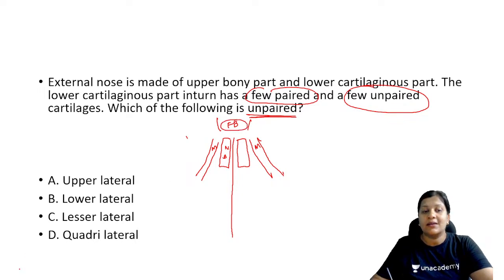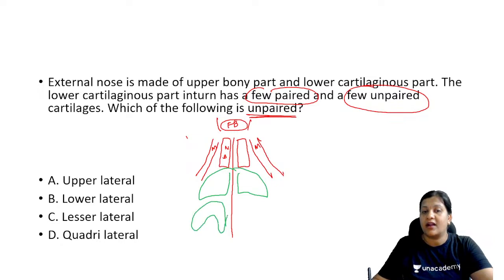Now we have some cartilages also. So what are the cartilages? We have the upper lateral cartilage, the lower lateral cartilage, and the sesamoid cartilage. All these three are paired. So upper lateral, lower lateral and sesamoid are paired cartilages, and the septal cartilage or the quadrilateral cartilage comes from below to support the dorsum of the nose.